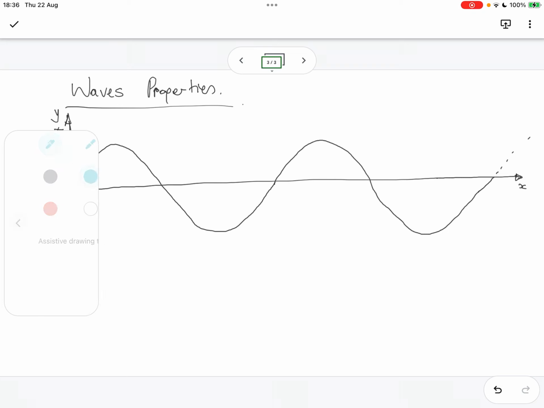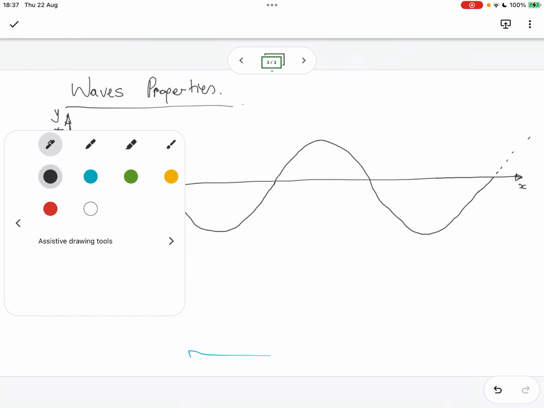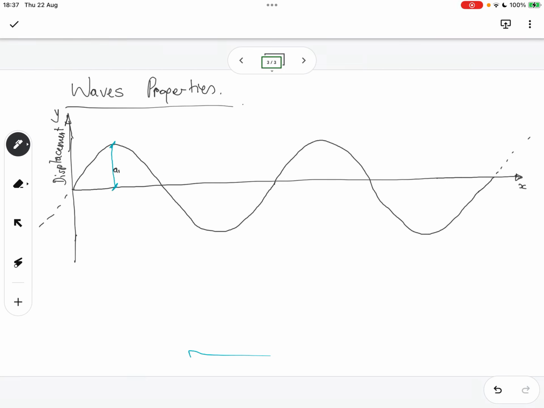And somewhere between the axis along which we measure the distance traveled, which is the x direction, and the crest of each wave, we would get the amplitude. So amplitude simply means height.